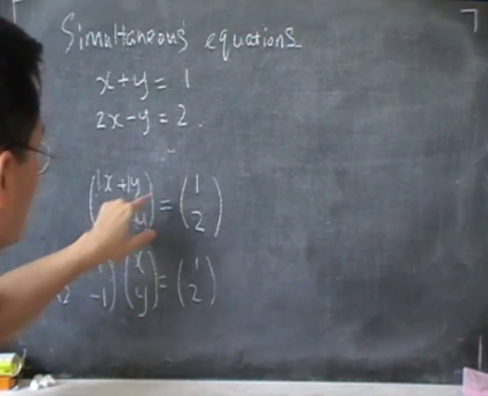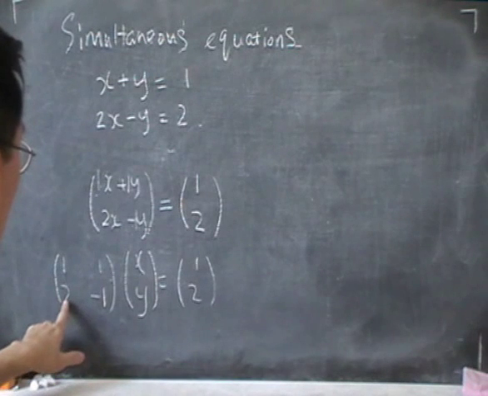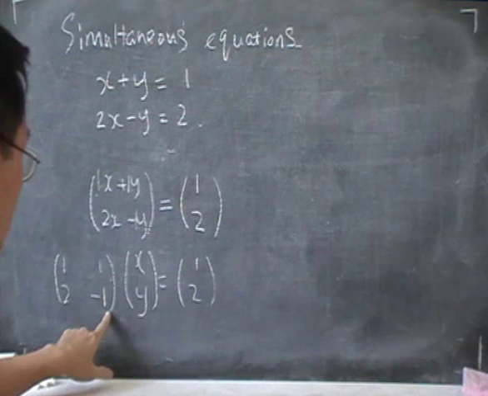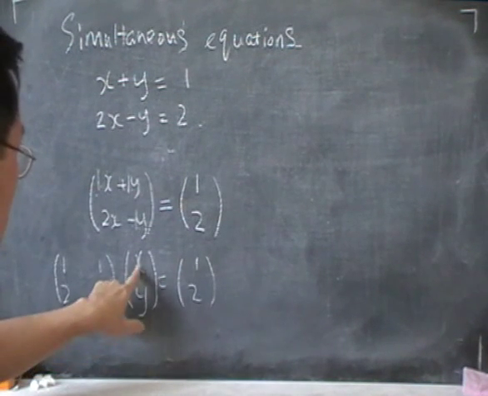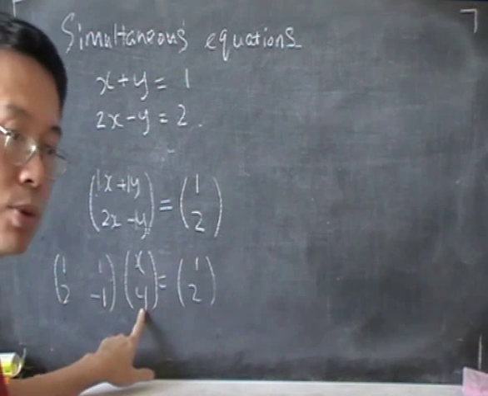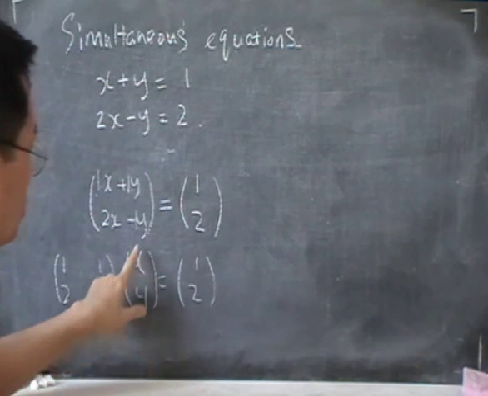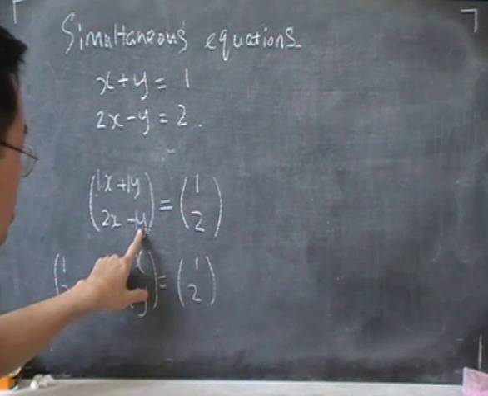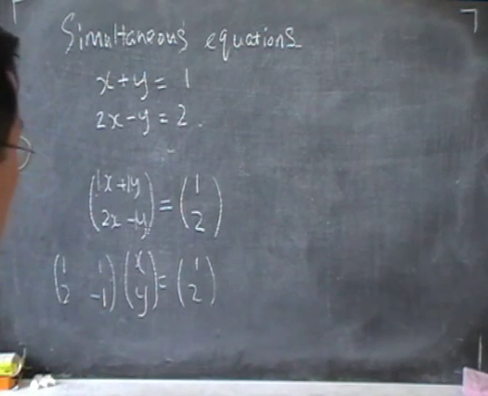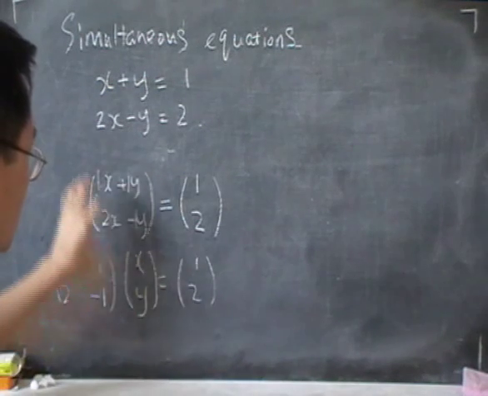See, we've just got the first expression. And then for the second row, 2 times x gives you 2x, minus 1 times y gives you minus 1y. That gives you the second expression. So indeed, this is the same as that.